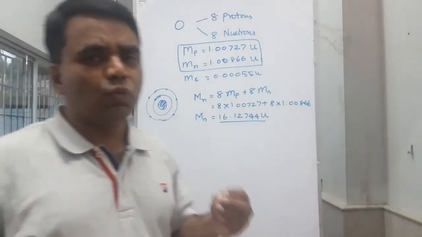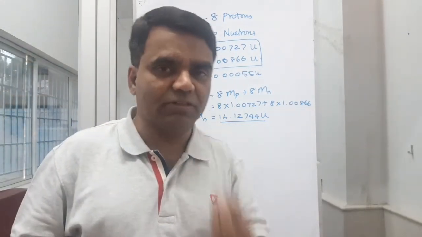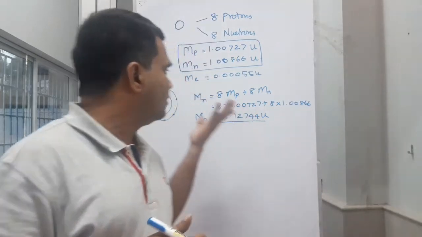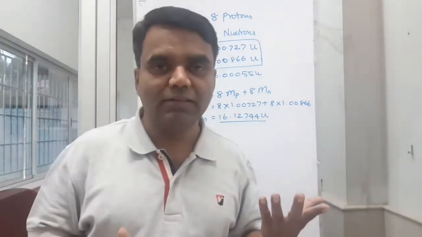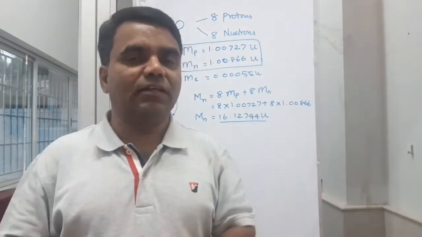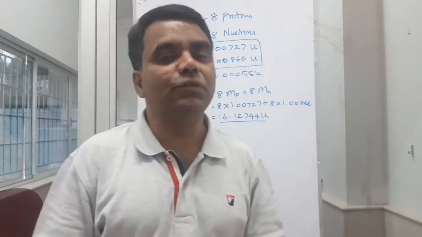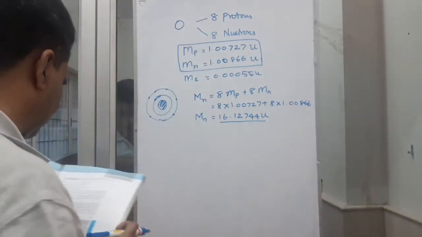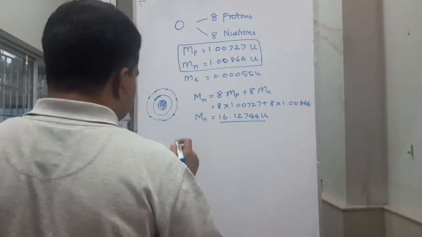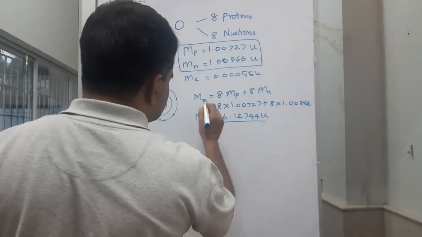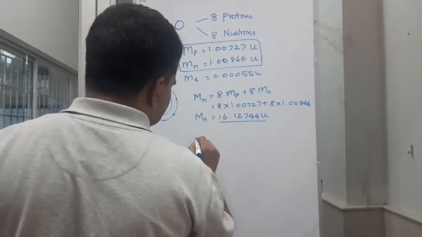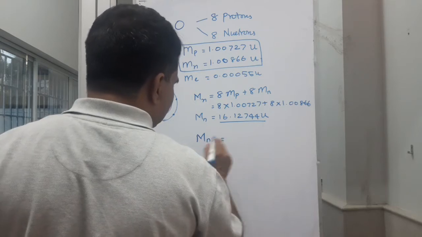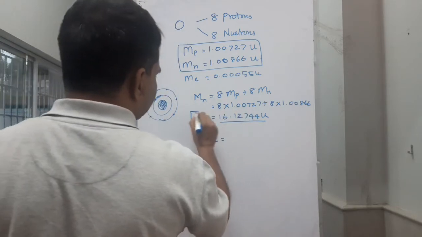But when I measure it, when I actually weigh the nucleus, of course indirectly, I get this value. I get oxygen. This is theoretical. This is actual. This is what I should get, right?